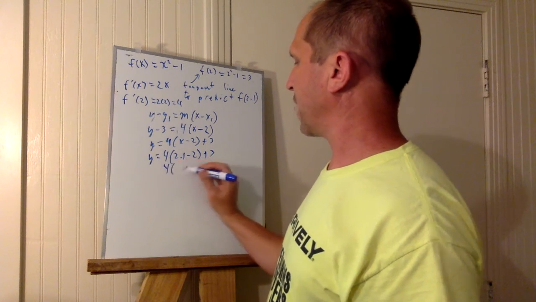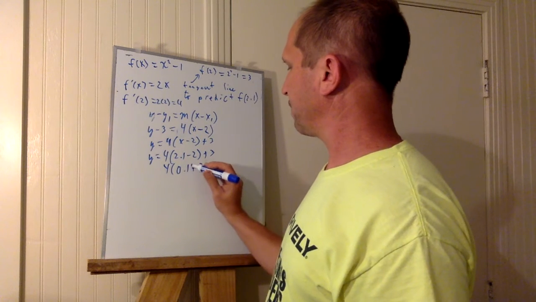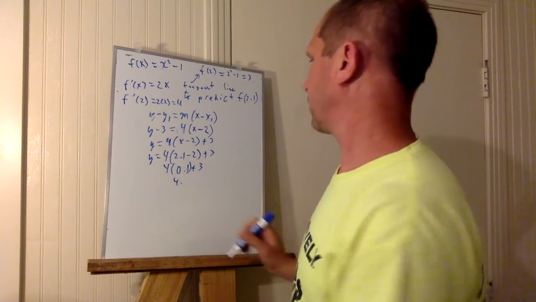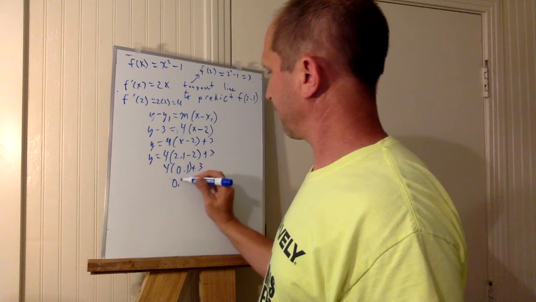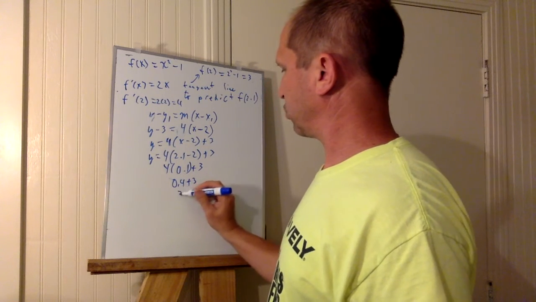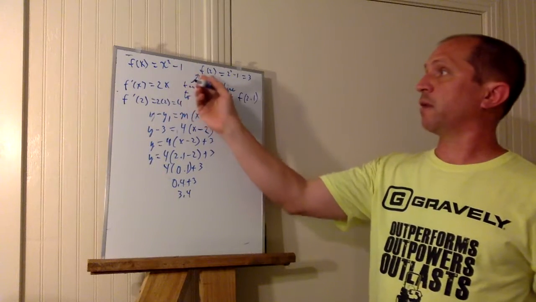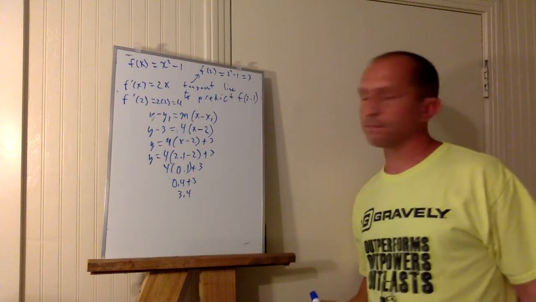So 4 times 0.1 is 0.4. Plus 3 is 3.4. So my estimate for f of 2.1 is 3.4.